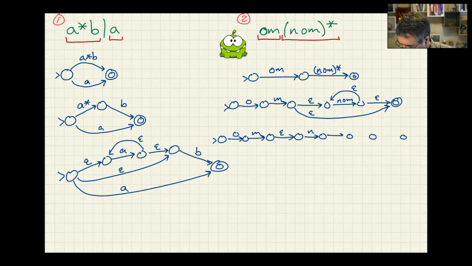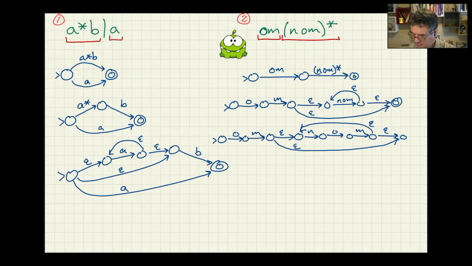N, O, M. There's the epsilon. So these two states went there, and then I just broke up the N, O, and M. Then we have our epsilon that loops back, and the one that skips over. And we're done.